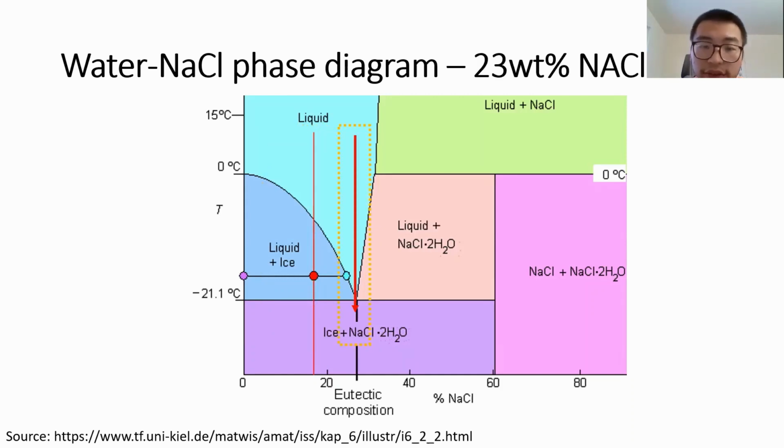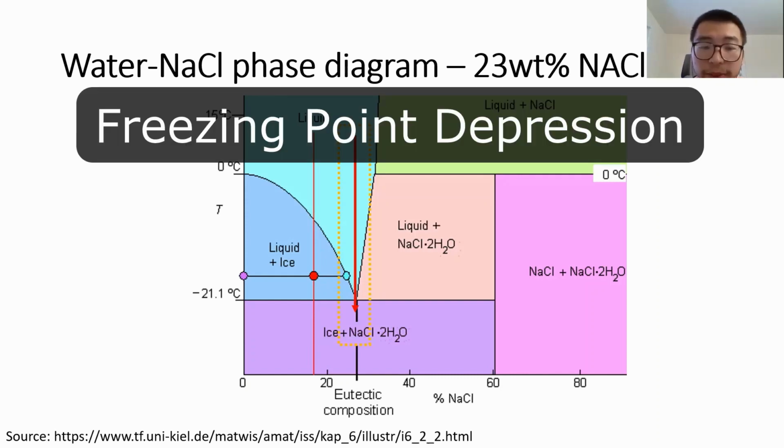Lastly, if you start with a solution with a eutectic composition at 23 weight% sodium chloride, then it will not freeze at all until -21 degrees Celsius. Such a phenomenon of lowering the temperature at which water freezes is called freezing point depression, as Marie introduced earlier.